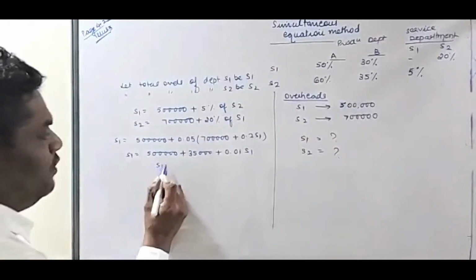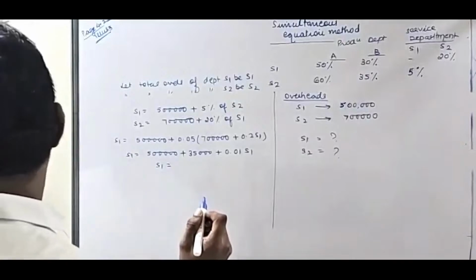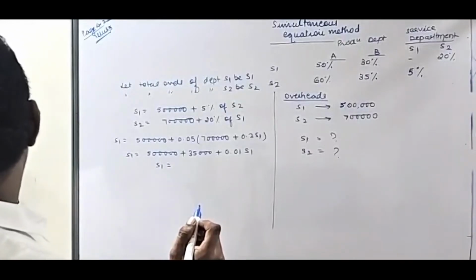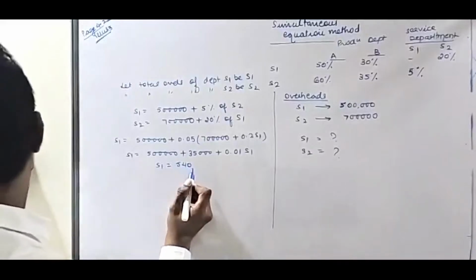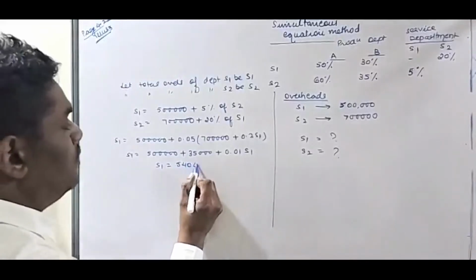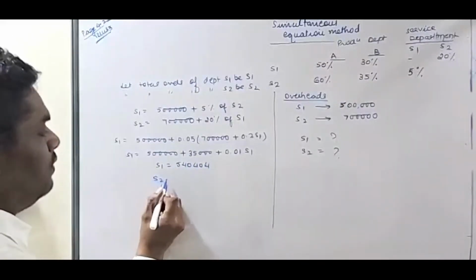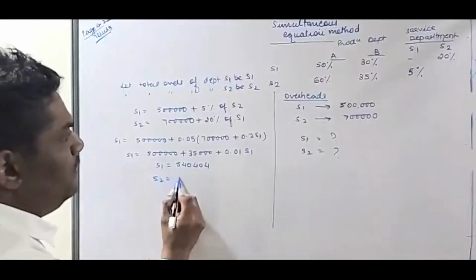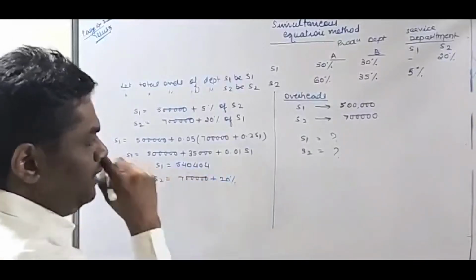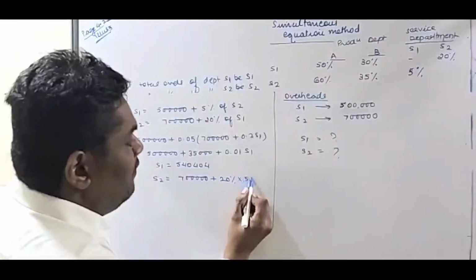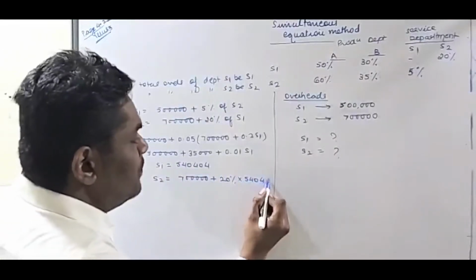So the S1 value will be 540,404. So the value of S2 will be 7 lakh plus 20% of 540,404.